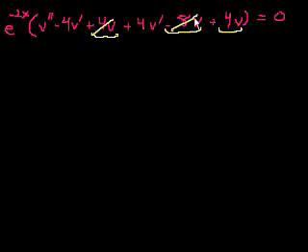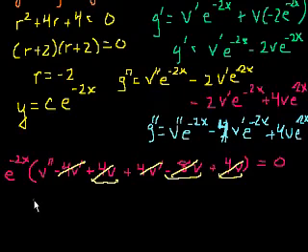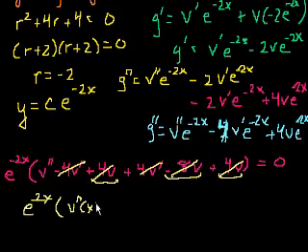It's plus 8 minus 8, those cancel out. And then I also have minus 4v prime plus 4v prime, so those cancel out. And lo and behold, we've done some serious simplification. It ends up being e to the minus 2x times v prime prime of x, now that we've saved so much space, is equal to 0.